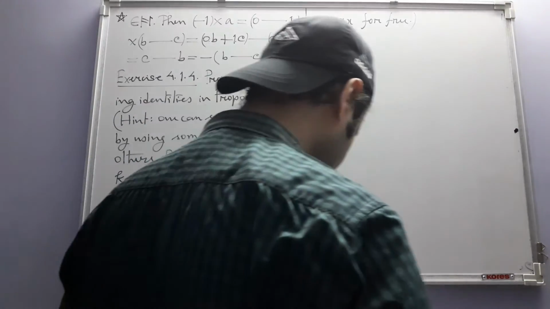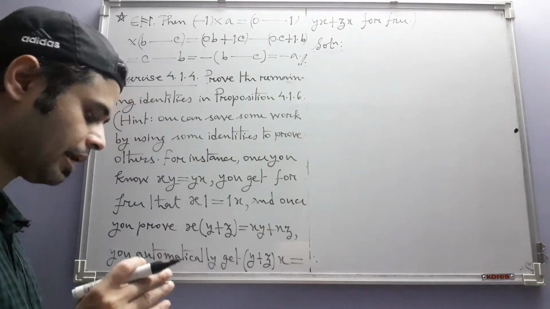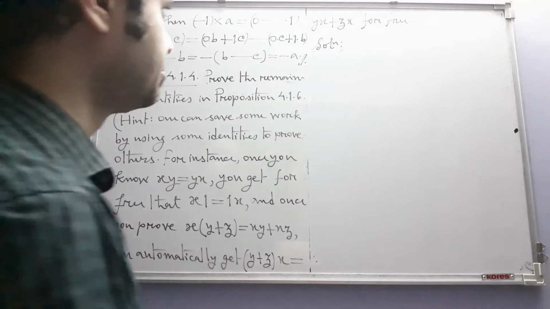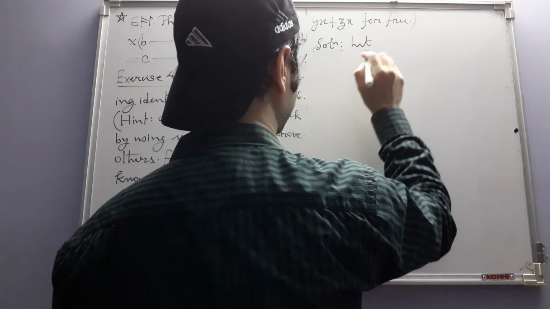But before that, in the original proposition we had x, y and z. So in the beginning itself we considered their forms.